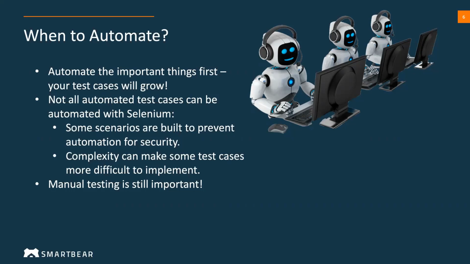Things you specifically don't want to automate with Selenium, we'll cover this more in depth. But there are scenarios that are built specifically to prevent automation, and we'll talk a little bit more about that. Also, complexity can make automation difficult. In our own service, for instance, oddly enough, one of the first things we tried to do with automated testing was automating our manual testing interface.